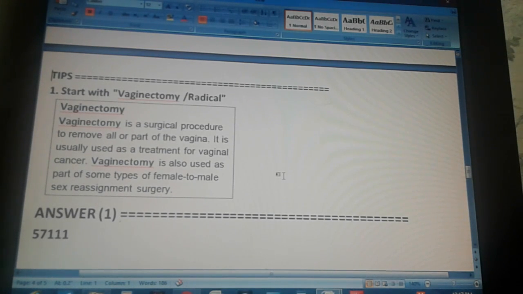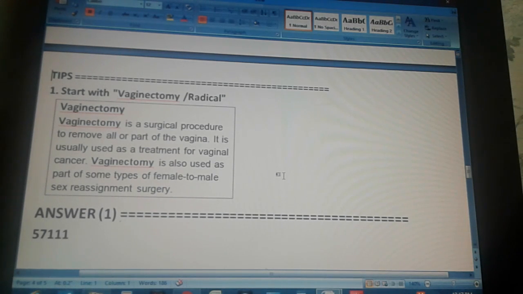And now this is an explanation of what a vaginectomy is, and can you read it? Okay. Vaginectomy is a surgical procedure to remove all or part of the vagina. It is usually used as a treatment for vaginal cancer. If the patient has vaginal cancer, it's usually to just take the vagina out, right? Right.